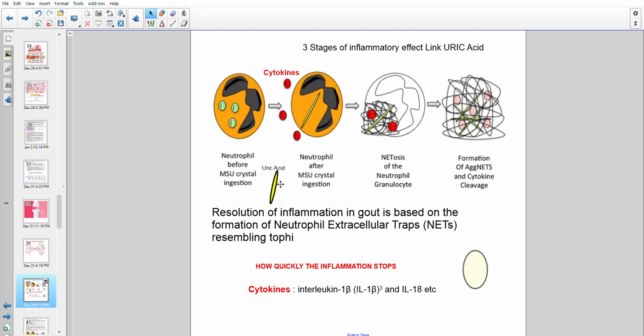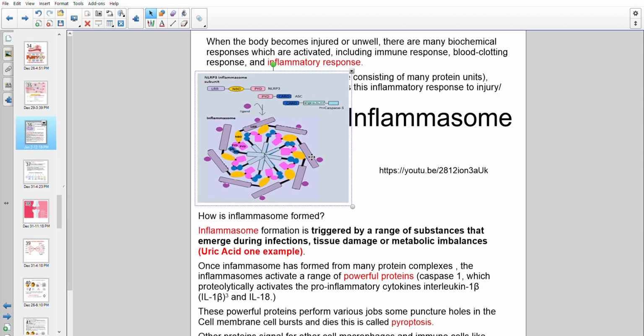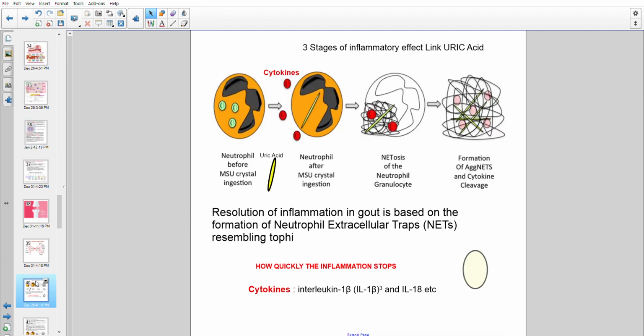The presence of uric acid outside these monocytes or neutrophils stimulates the inflammasome, that complicated molecule, and it starts making cytokines, which are produced inside and released. The neutrophil, after ingestion of monosodium urate, forms these neutrophil extracellular traps.